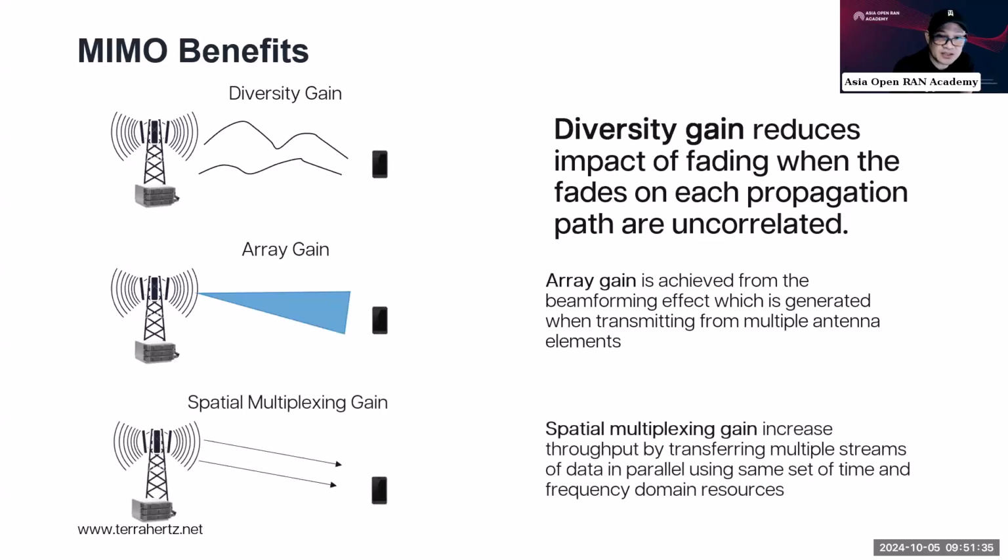It increases throughput by transferring multiple streams of data in parallel. So instead of sharing resources from one transmitter, if you are separated physically, we call it the spatial multiplexing gain. So you can have your own resource.